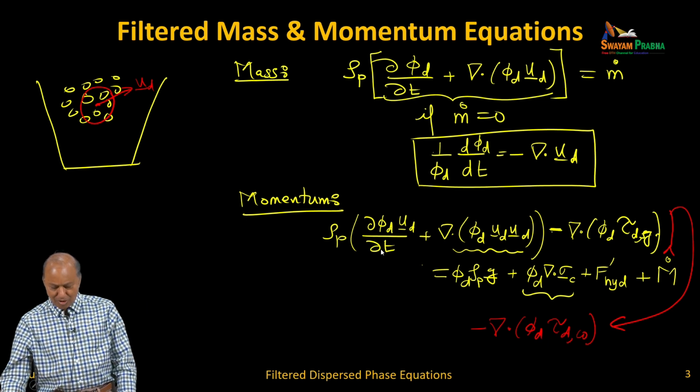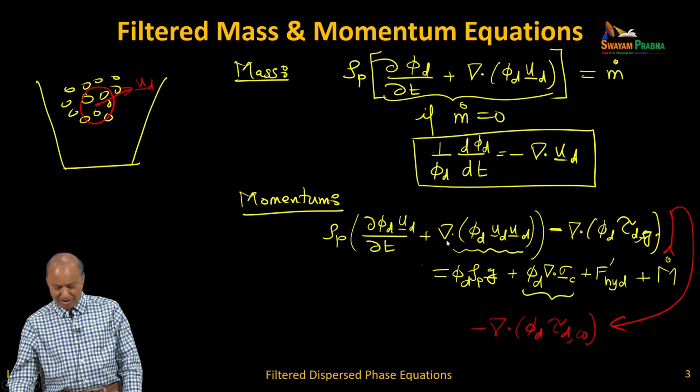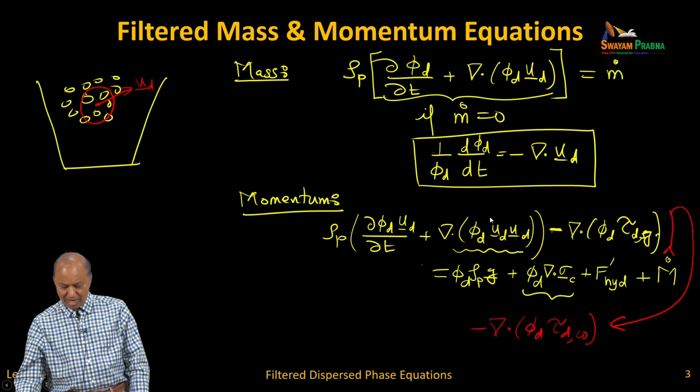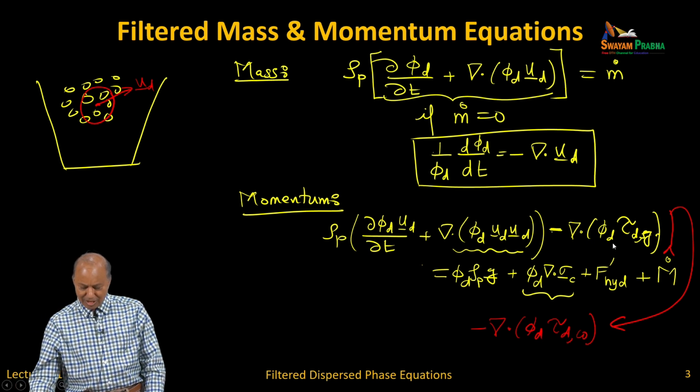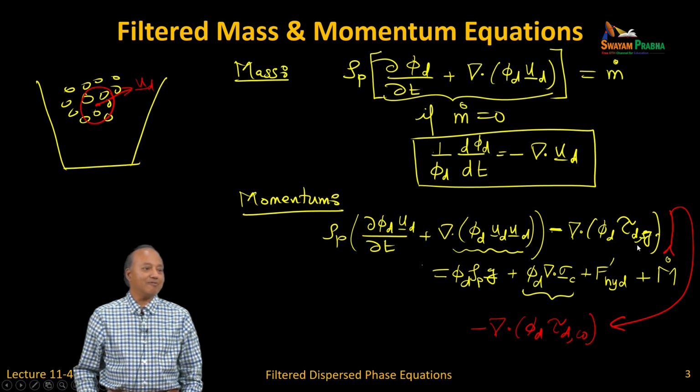So what does the equation look like? We have the time derivative, the advection term, and this is the subgrid particle velocity fluctuation.